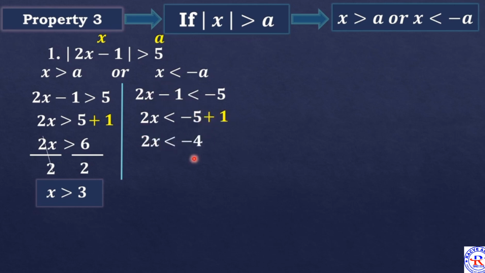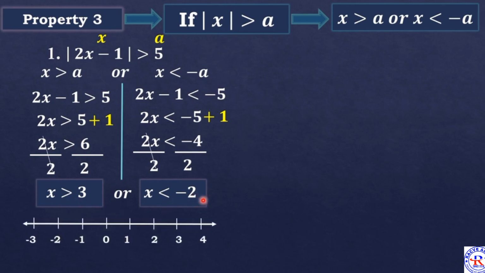That is negative 4. Divide both sides by 2. So, this is cancel. Okay. So, x na lang po. X is less than negative 4 divide 2. That is negative 2. Do not forget the word or. Okay? Kung ano po yung nandiyan dyan, yun po ang susundan natin. So, x is greater than 3 or x is less than negative 2.